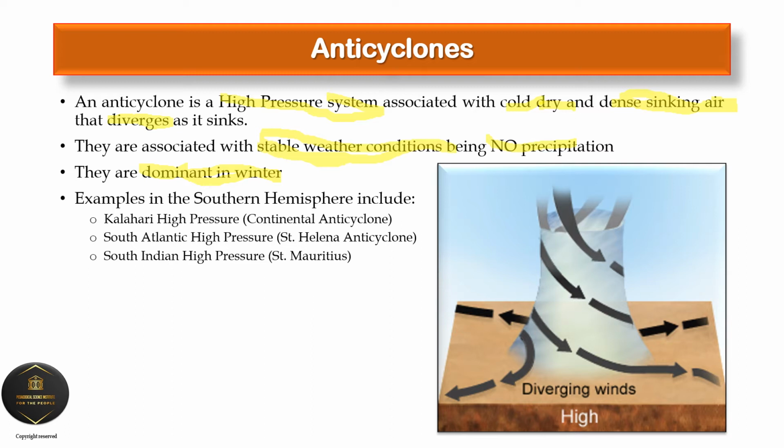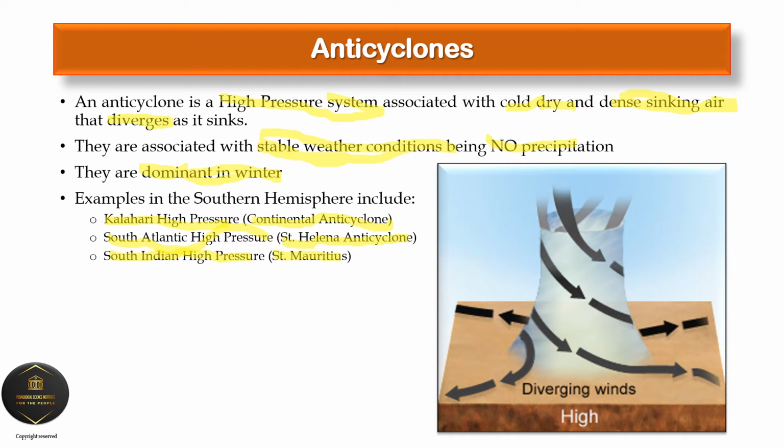Now, some of the examples, of course, include the Kalahari high pressure, which is also known as the continental anticyclone in the southern hemisphere, the South Atlantic high pressure, which is also known as the St. Helena anticyclone, and the South Indian high pressure, which is known as the Mauritius anticyclone.